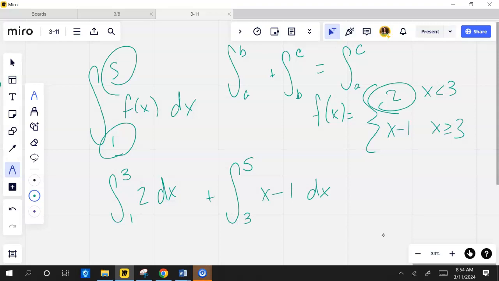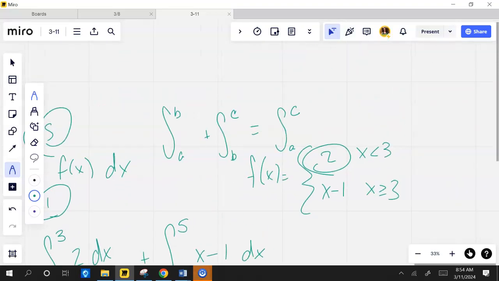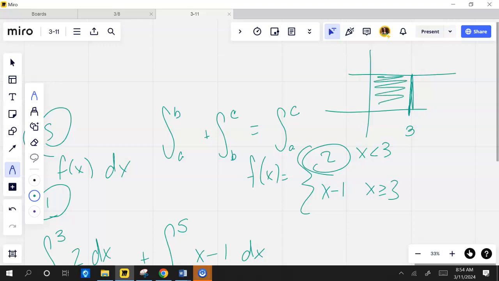So if you think about the way the integral works, this is y equals 2, which is this horizontal line. If it goes to 3, so I cut this off here, it doesn't really matter if I include it or not, it goes all the way up to that, and then this one takes over, and then that's going to be the area.